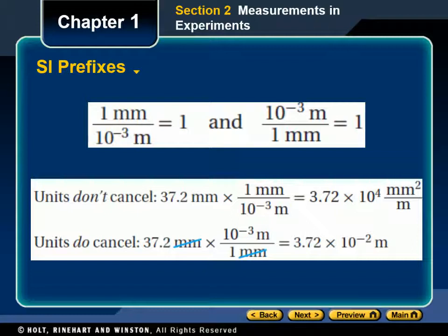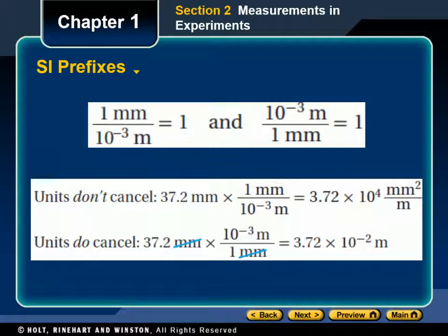Converting a measurement from its prefix form is easy to do. You can build conversion factors from any equivalent relationship, including those in Figure 2-4. Just put the quantity on one side of the equation in the numerator and the quantity on the other side in the denominator, as is shown on the screen for this particular conversion. 1 millimeter is equal to 1 times 10 to the negative 3rd meters.